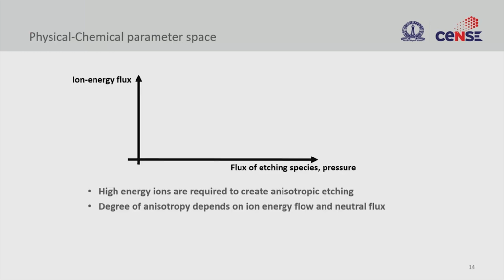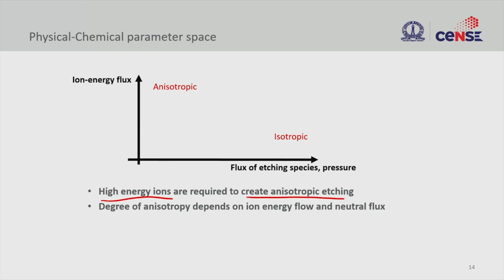And based on that ion energy and flux, you can actually come up with various process regions. So high energy ions are required to create anisotropic etching. High energy ions are really necessary to create anisotropic etching.